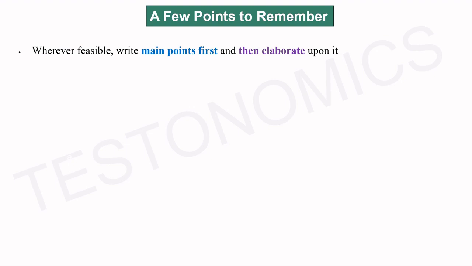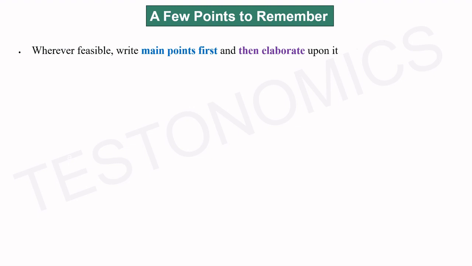Now, if you have given one introductory sentence saying that we will first build a mathematical model in which we will see this, and after that we will discuss its conclusion, something like that, still you can say the examiner will have some clarity. But suppose you have not even written one introductory sentence and you start building the mathematical model. The examiner is not going to enjoy reading such an answer. Okay. So I suggest that you try to write the important points first and then elaborate upon them.